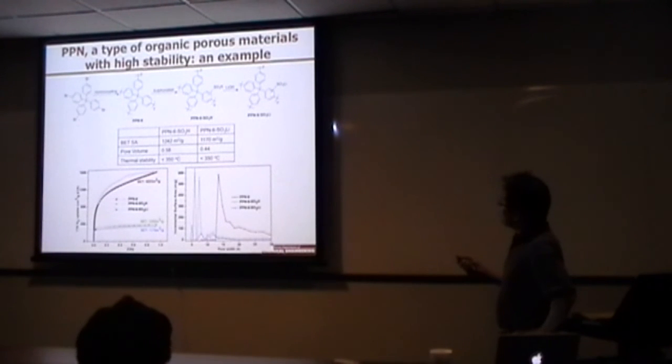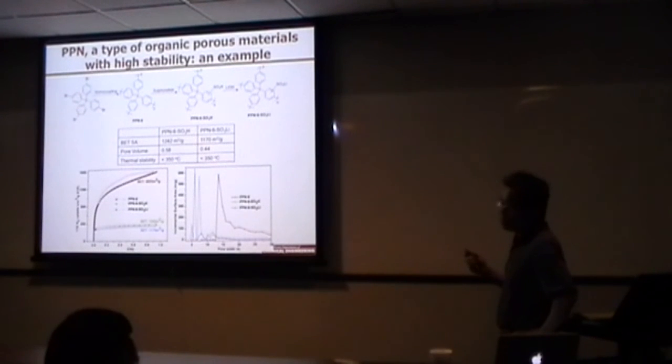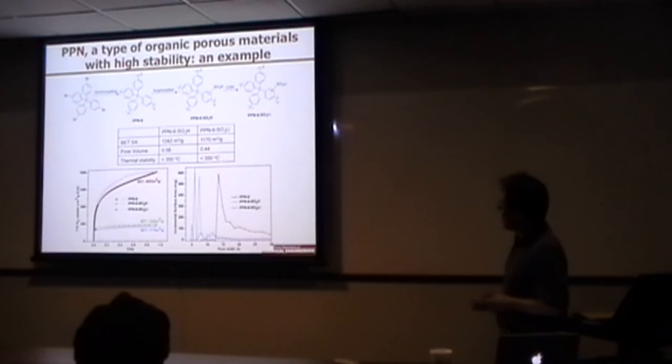The other material that we've been working on is PPN, porous polymer network. The nice thing about this material is that it's all polymer, and because of that, the materials are kinetically more stable, and have high surface area. As you can see here, for instance, the nitrogen uptake.